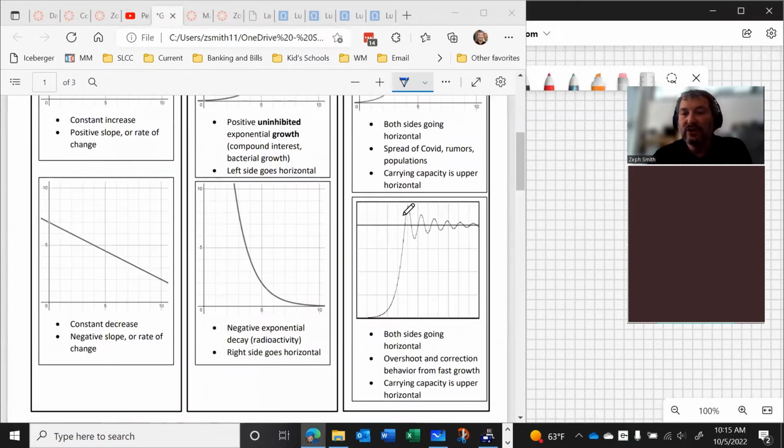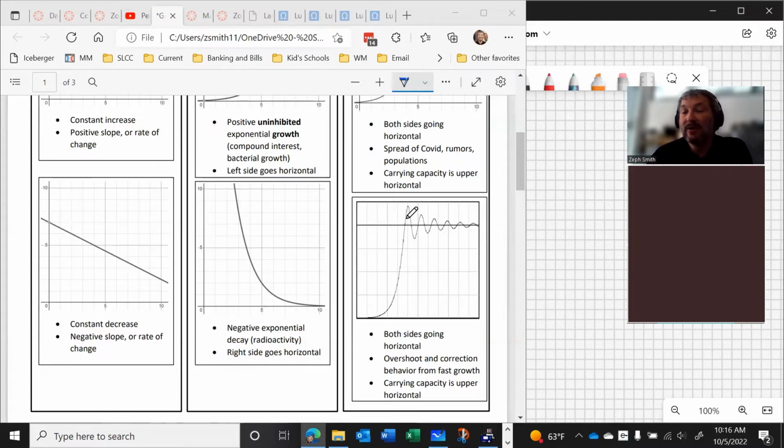This is also a picture of logistic growth. The right side is going horizontal, but it's taken a while to settle down to that carrying capacity. And the left side is going horizontal as well. This is the overshoot and collapse or correction behavior. If you have very fast growth, your population, for example, will shoot through the carrying capacity.